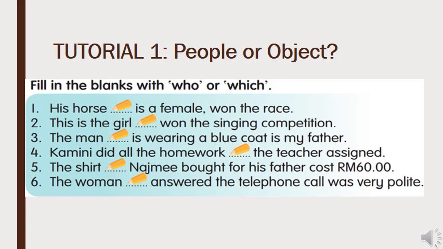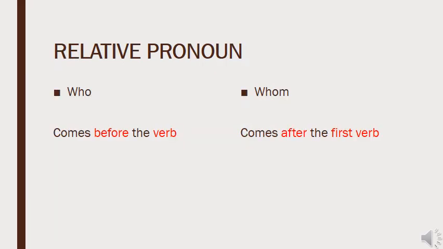The answer is: the woman who answered the telephone call was very polite. Okay, did you get it, kids? That was easy, right? You only need to identify whether the subject is a person or an object. Then you will know what relative pronoun to use.